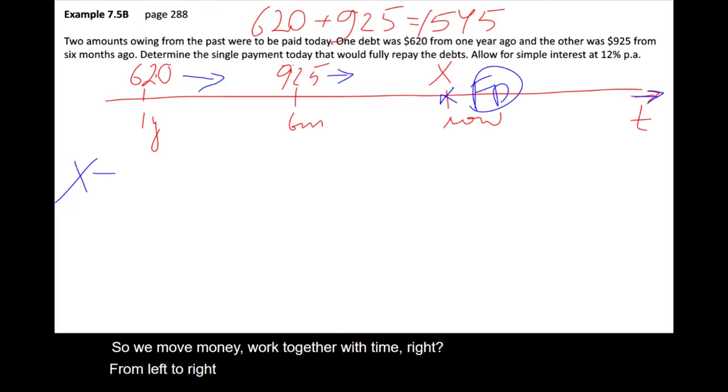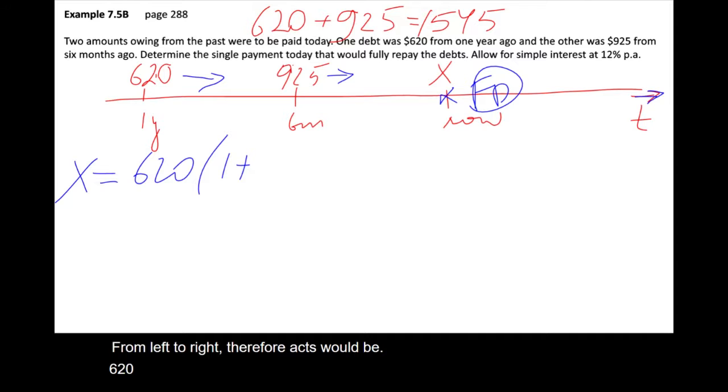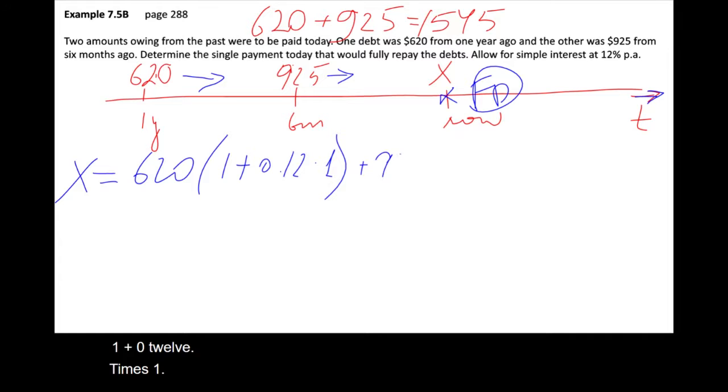Therefore, X would be 620 times (1 plus 0.12 times 1), plus 925 times (1 plus 0.12 times 6 over 12).